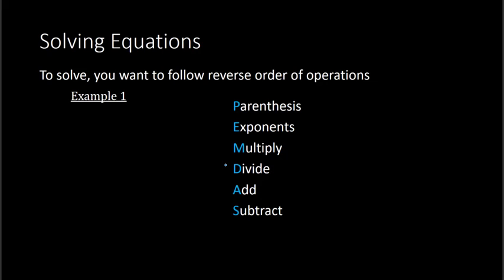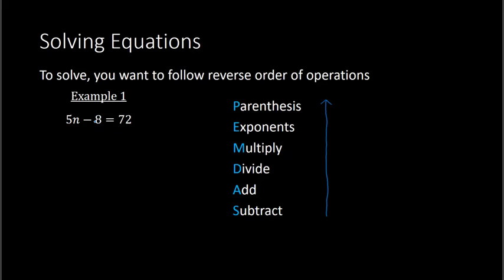For example, if you had 5 times n minus 8 equals 72, to solve, I'm going to go backwards. So I'm going to begin with subtraction and addition, and then do multiplication and division, and then exponents, then parentheses. Here we see subtraction, minus 8.